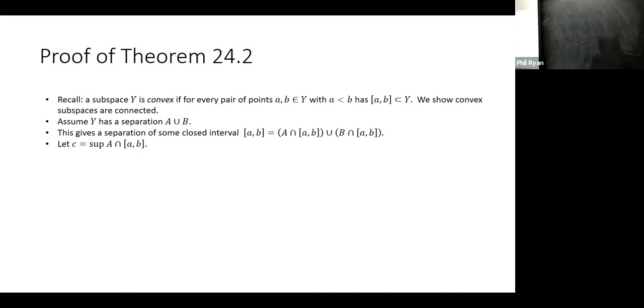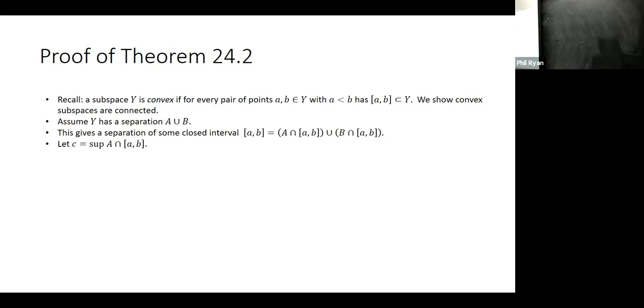Okay, so if we have a separation A and B of our convex set Y, what we do is choose an element of A and an element of B. Y is convex, so the closed interval is in Y, and that gives us a separation of that closed interval.